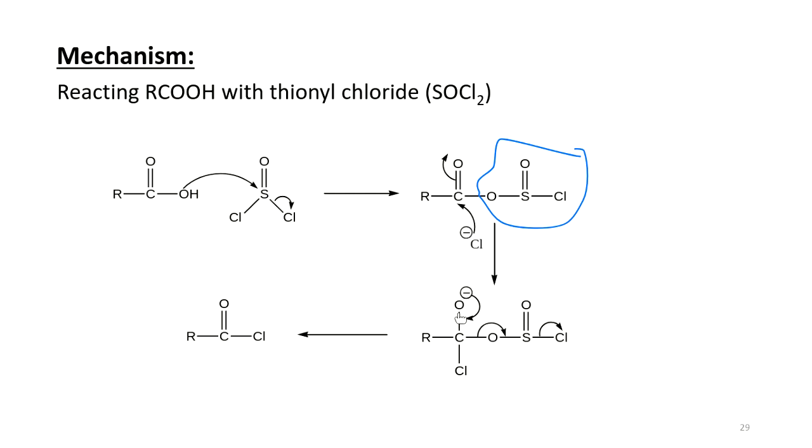And as we're forming this bond, the most polar bond is going to break, which is this carbon-oxygen bond. And so it leaves to reform sulfur dioxide. Sulfur dioxide looks like carbon dioxide, where you have the SO2, the S double bond O, S double bond O, and you form that, and you've also formed some chloride that goes off. So we have our acid and we have our acid chloride.